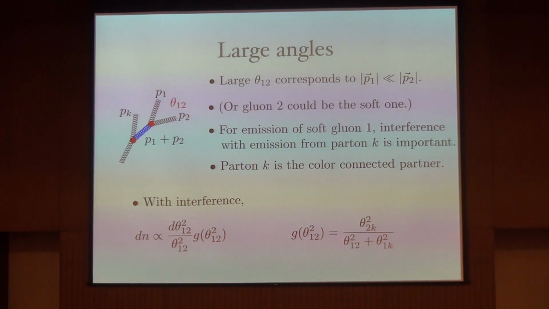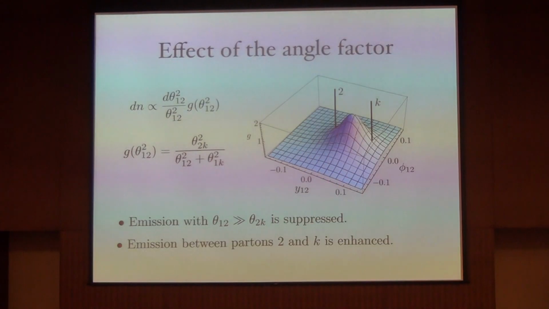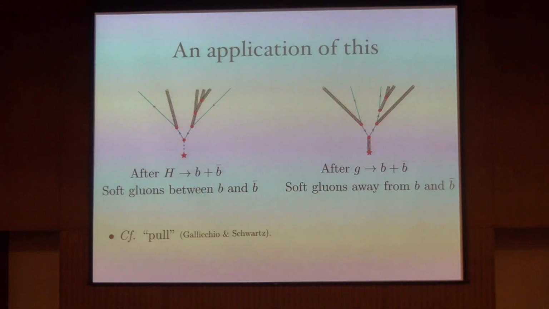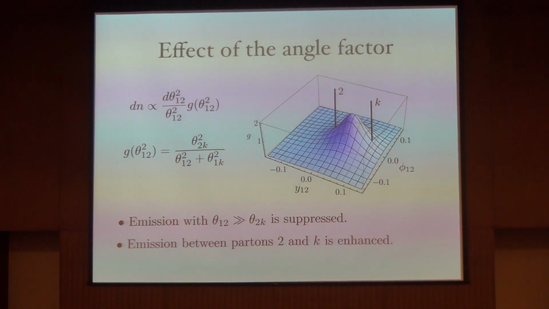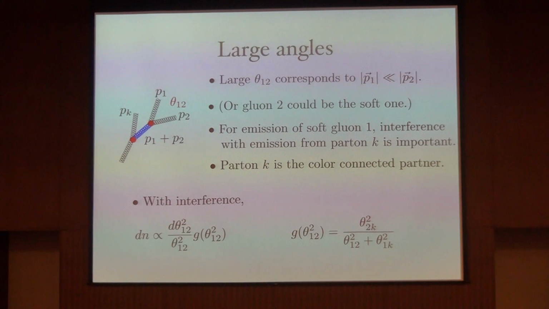How about very large angles? Large theta 1, 2 corresponds to P1 much less than P2, or the other way around.